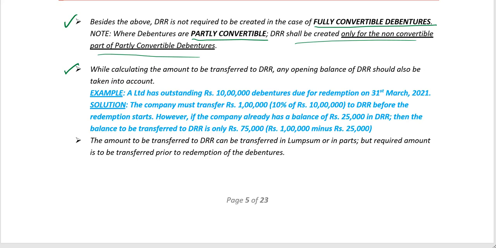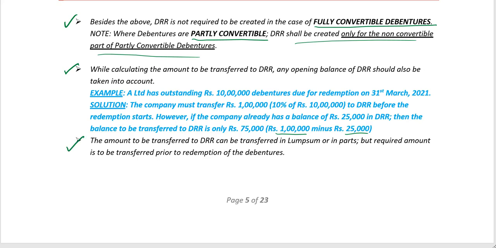Now, in case the company already has a balance of rupees 25,000 in DRR, then the balance to be transferred to DRR is only rupees 75,000, which is the rupees 1 lakh which is actually required, minus the existing balance of rupees 25,000.